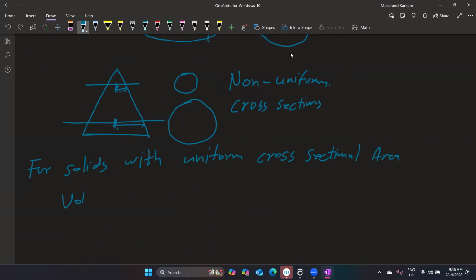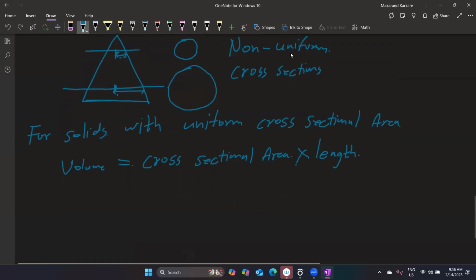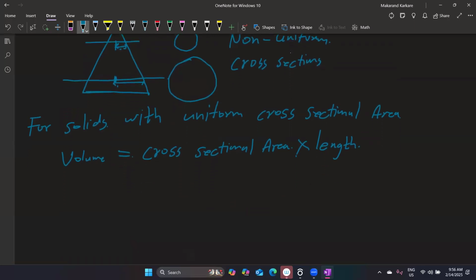We say that volume is equal to cross-sectional area multiplied by length. Does that make sense? Now, this is very useful when we are calculating flow.